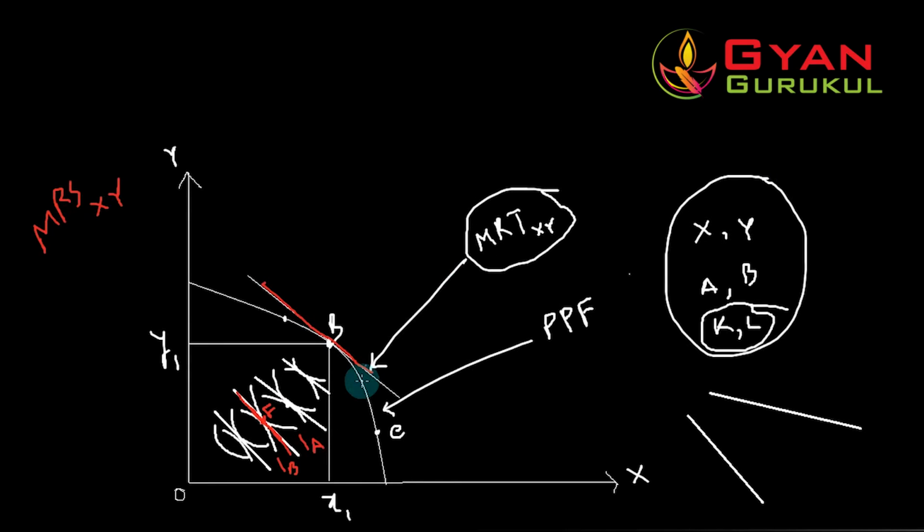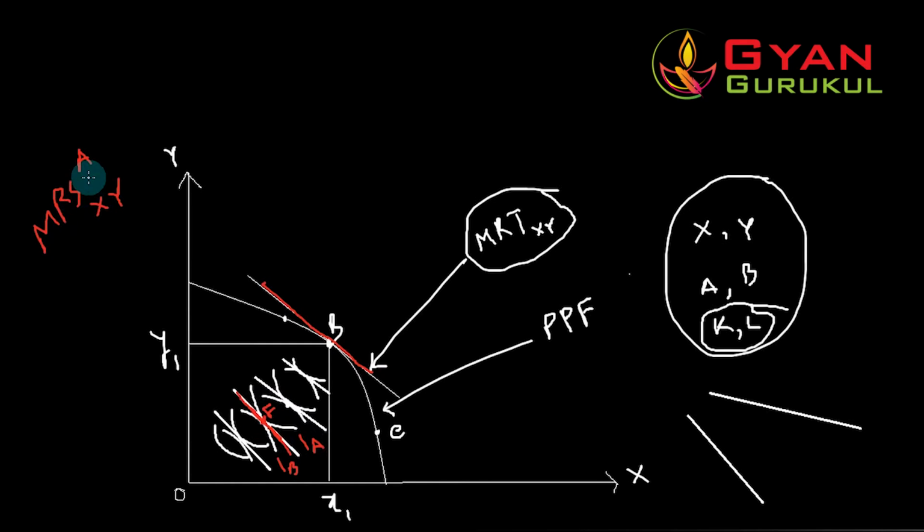Clear? Now this point F is showing the marginal rate of substitution between x and y of consumer A. At this curve IA at point F, it is showing the marginal rate of substitution of x and y for consumer A.